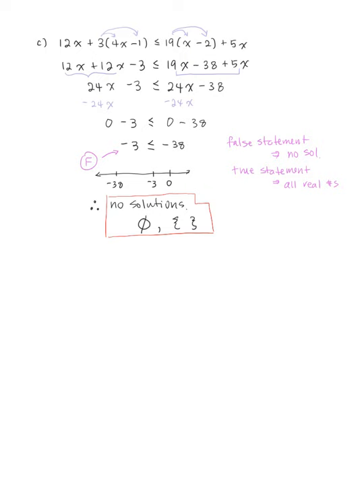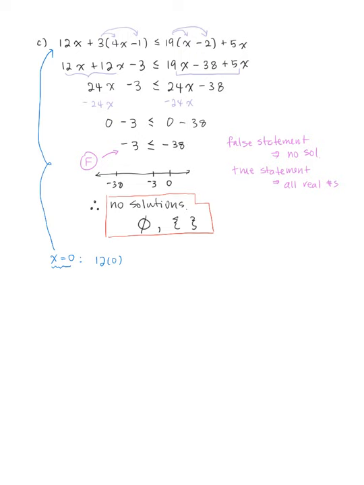So for instance, what's a cute number that we can play with? x equals 0. Again, you can plug in any number that you want: fractions, negative numbers, positive numbers. But anyway, when x is 0, let me compute the inequality. In place of x, I'm going to replace it with 0.